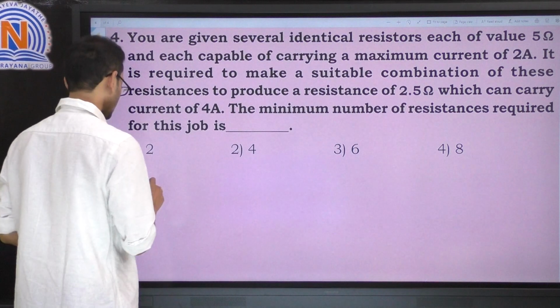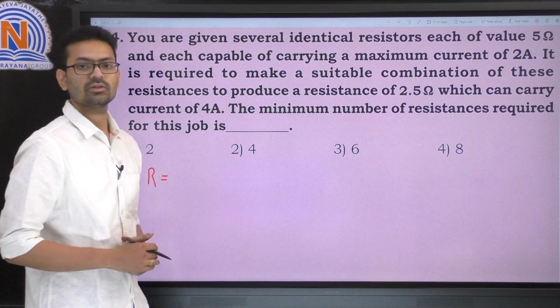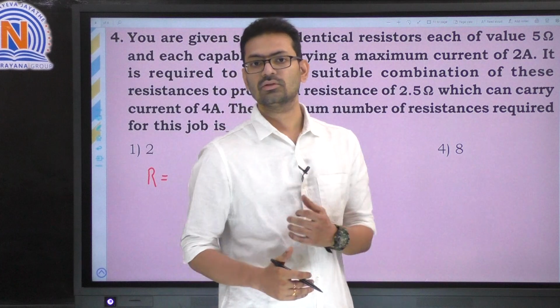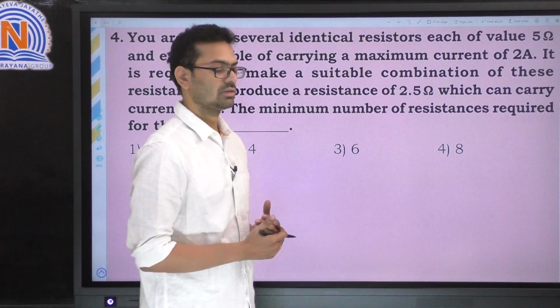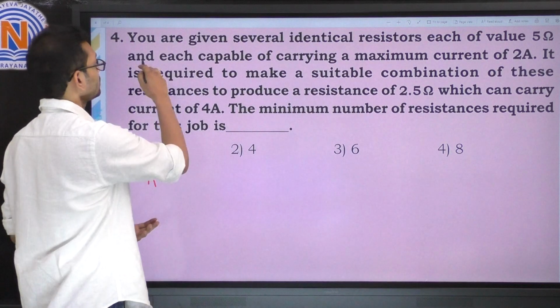So here we'll try to find out the resistances. Resistance over here is R. R equals, we don't know how many resistances there are.